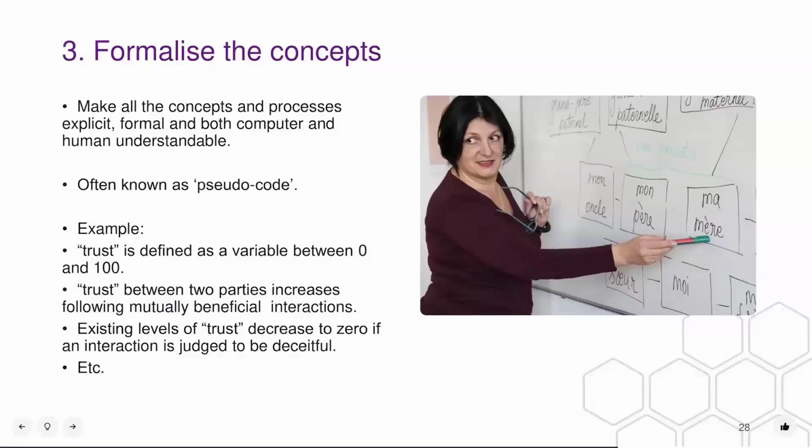And then you'll need to institute rules about how that variable will change in certain situations. So if you have 2 parties that you're simulating and they interact positively, then trust could increase. But then given a negative interaction where one of those parties is judged to be deceitful, that level of trust could then decline or reset to 0. So you have to start thinking about how to formalize concepts in your research question so that a computer will be able to interpret it.